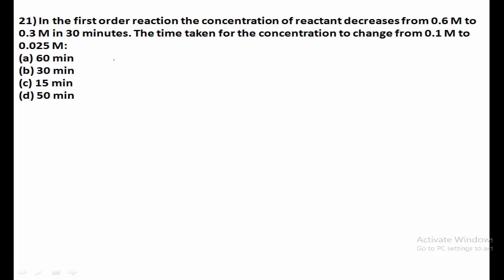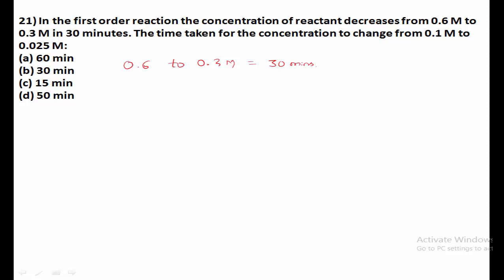21st question. In a first order reaction, the concentration of reactant decreases from 0.6 M to 0.3 M in 30 minutes. The time taken for the concentration to change from 0.1 to 0.025 M? So here, first they have given 0.6 as the initial concentration, and it reduces to 0.3 M in 30 minutes.